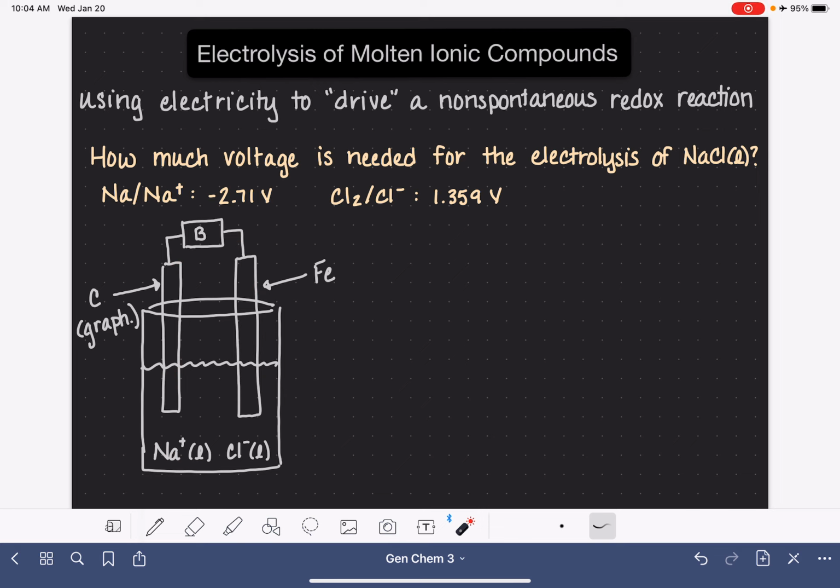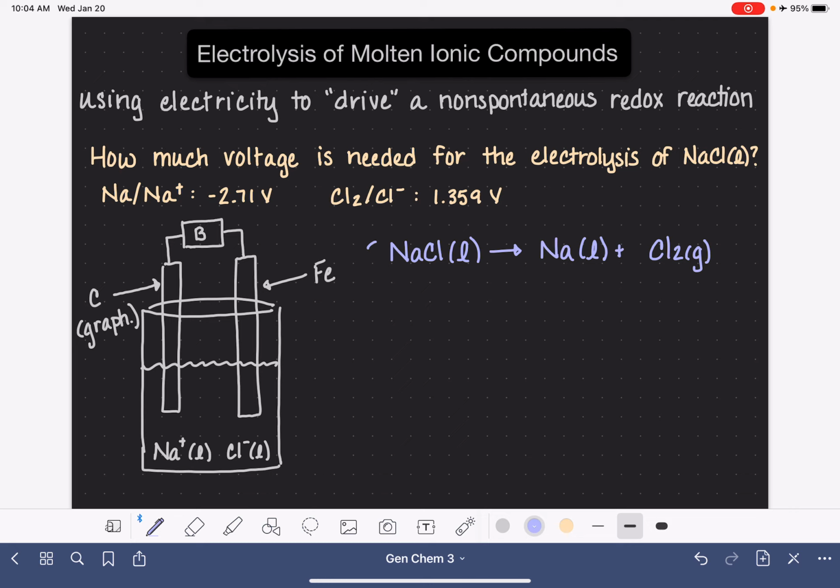The overall reaction that's going to be occurring in this is sodium chloride, NaCl, again liquefied, being converted into sodium metal, which is also going to be liquefied, and chlorine gas, Cl2. Let's balance this equation.